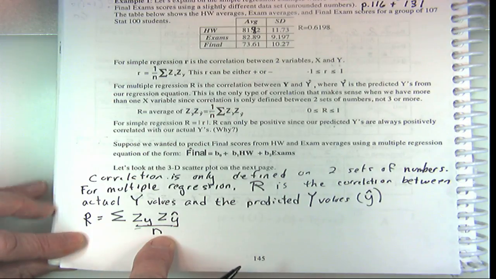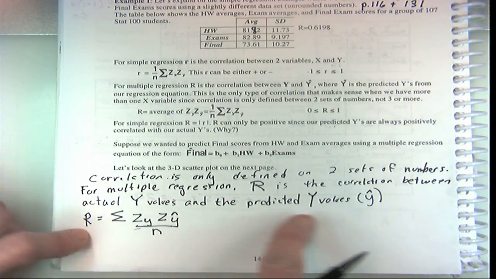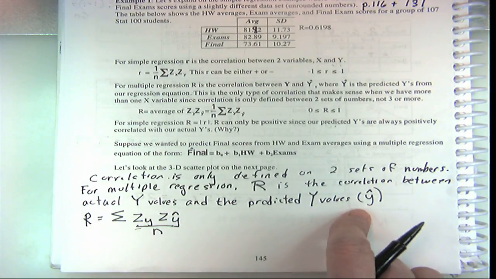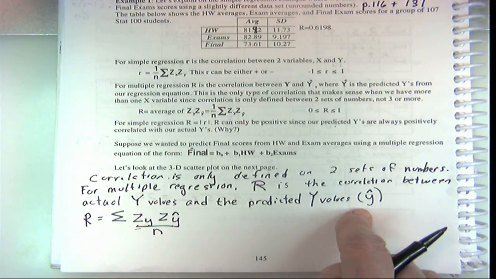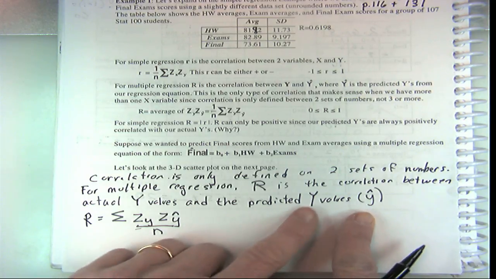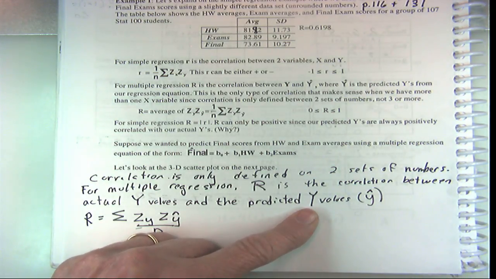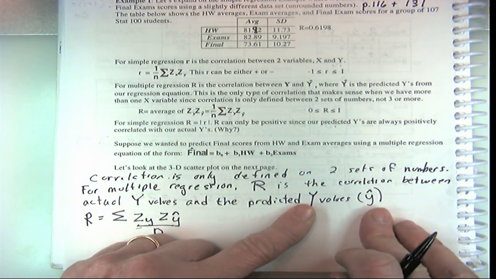Why? Well, think about it. If it's the correlation between your predicted and your actual, you want them to be close to each other. Even if there's a negative correlation, like as X gets larger, Y would get smaller, our predicted Y's would always get closer to your Y value.